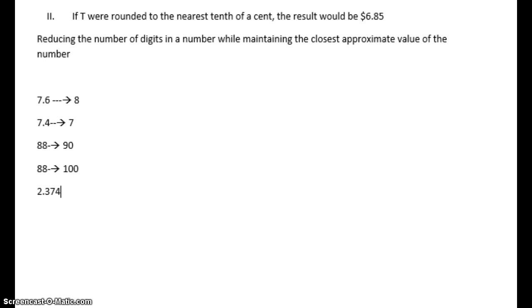It would come to 2.37, right? Suppose I want to round off 2.37 to the nearest tenth, it would come to 2.4, correct? Okay, great. Now let us tackle the question.